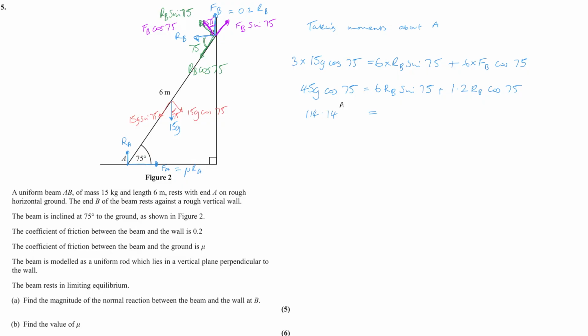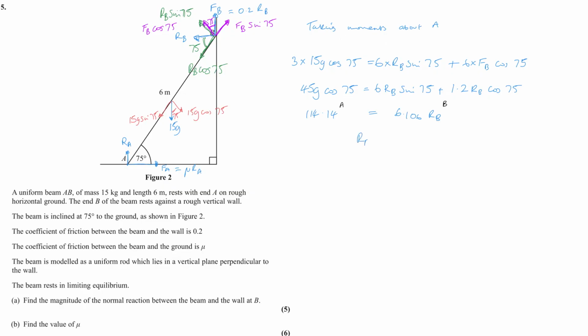And then on the right I've got 6 times sine 75 plus 1.2 times cos 75, and that is 6.106 RB, and I store that as B in my calculator.